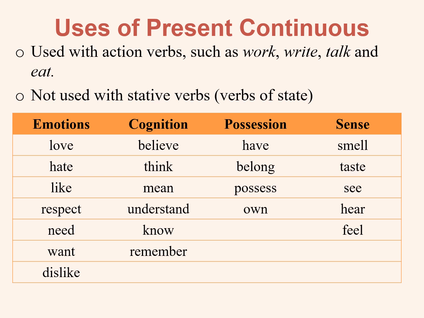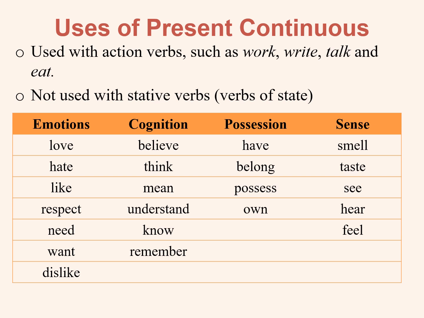But we use the verb have in some idiomatic phrases such as we're having a party. There, have doesn't mean to possess. So if the verb have does not have the idea of possession, then it can be used in the present continuous.